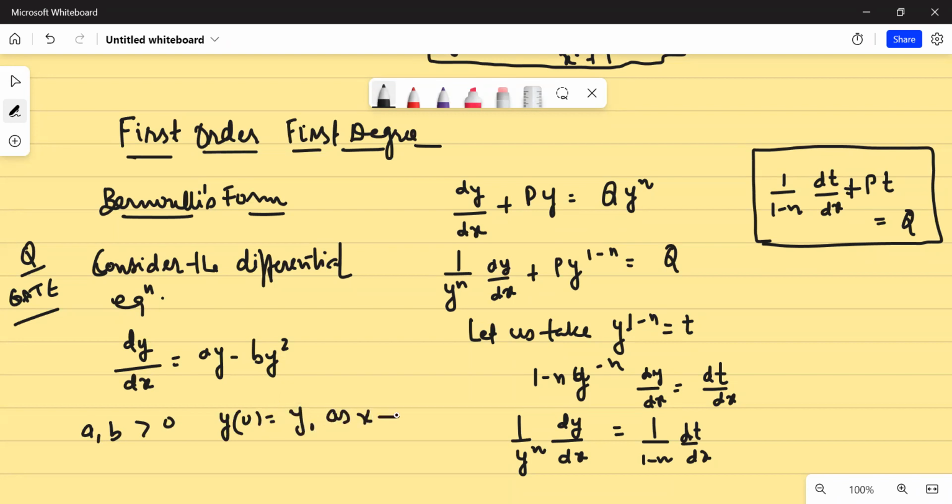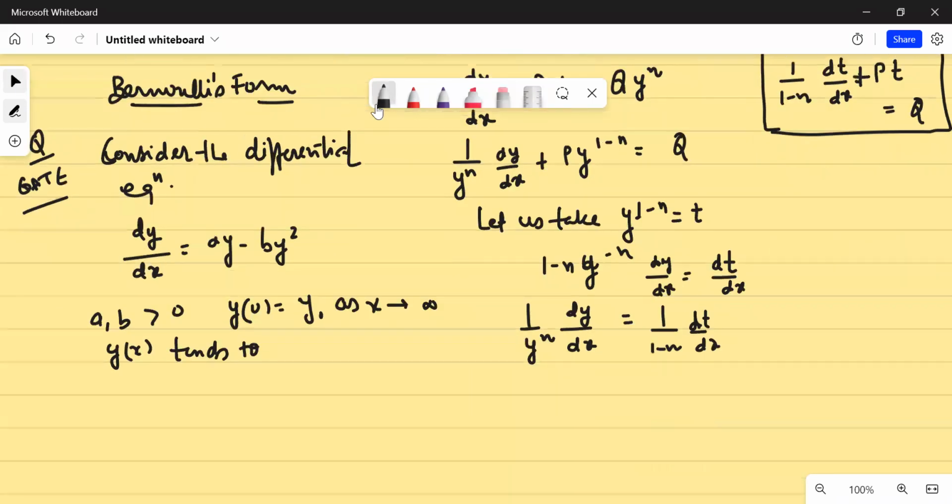As x tends to infinity, the solution y(x) tends to, okay. So this is what has been asked in the examination. Option A is 0, option B is simply a by b, option C is simply b by a, and option D is simply y0.